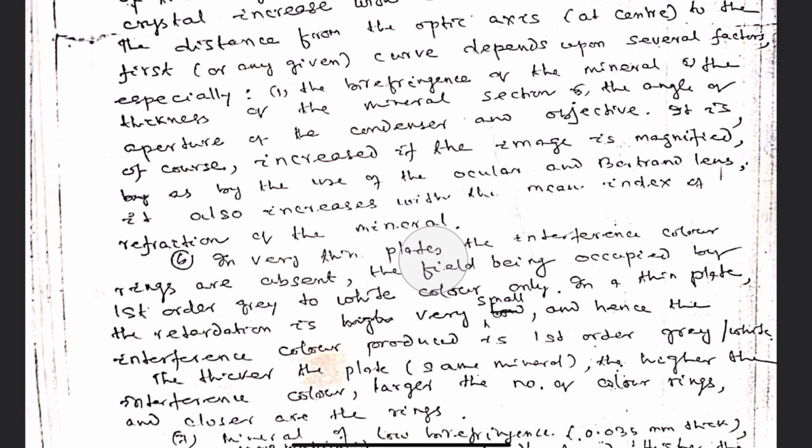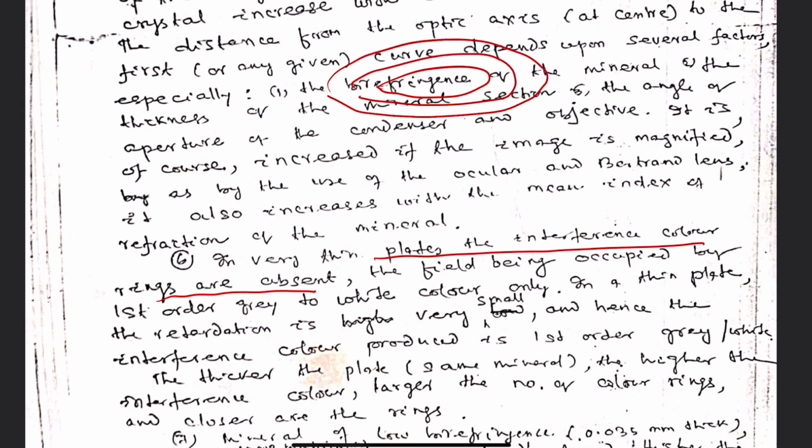In very thin plates, the interference color rings are absent. If it is thick, when you see an interference figure, we see the colored rings. More the colored rings, higher is the birefringence, higher is the thickness.